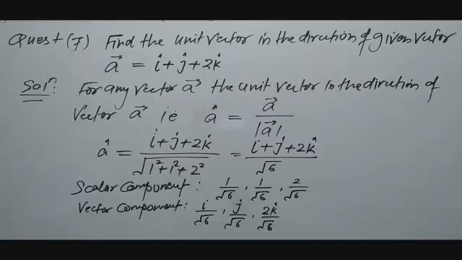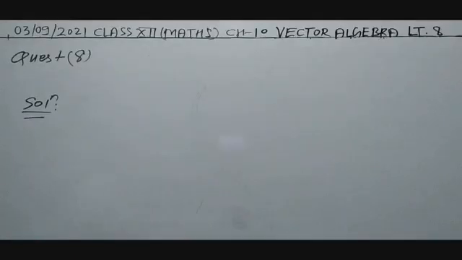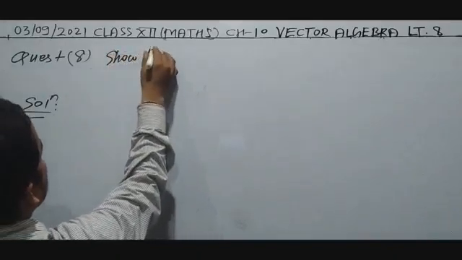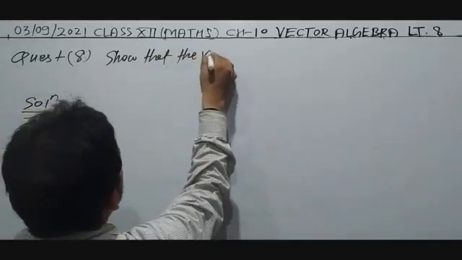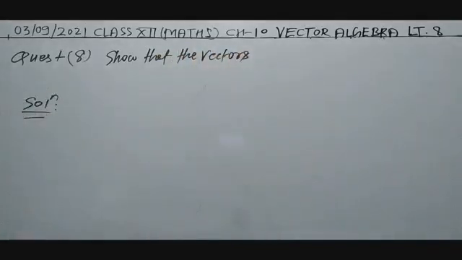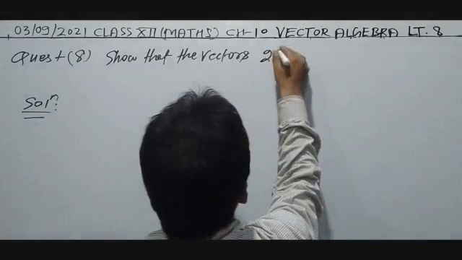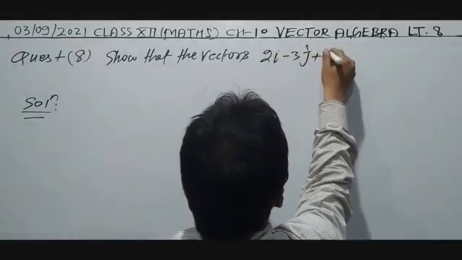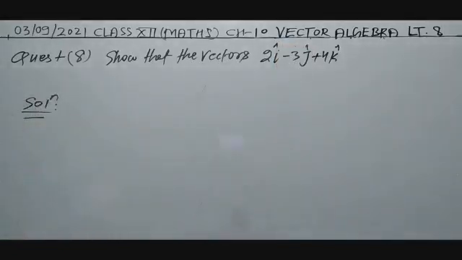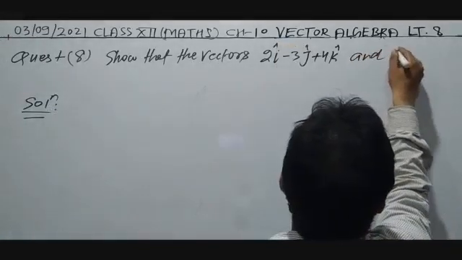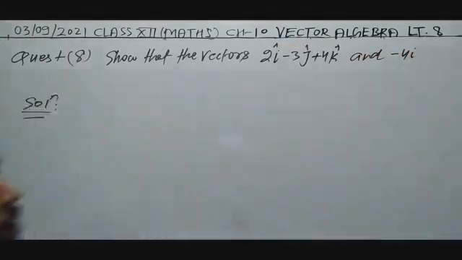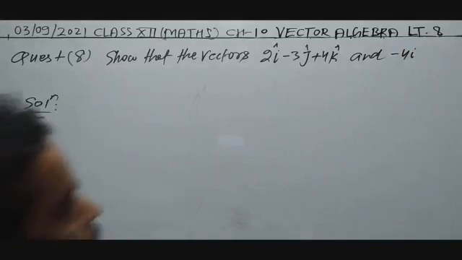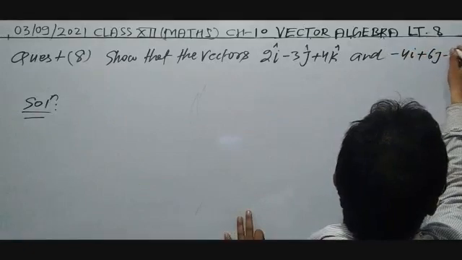Question number 8 is show that the vectors 2i minus 3j plus 4k and minus 4i plus 6j minus 8k are collinear.